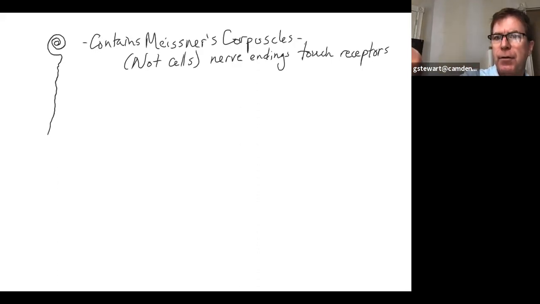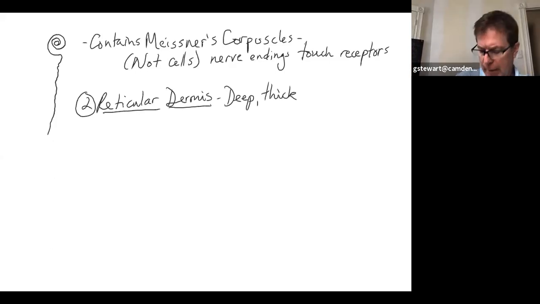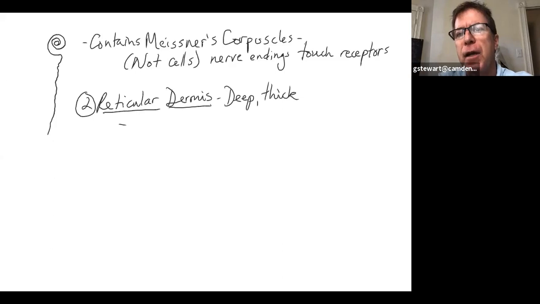All right, the second layer of the dermis is the reticular dermis. And this is the deepest layer of the skin. It's also the thickest layer of the skin. So I'm just going to write deep and thick. It has much thicker collagen and elastic fibers.